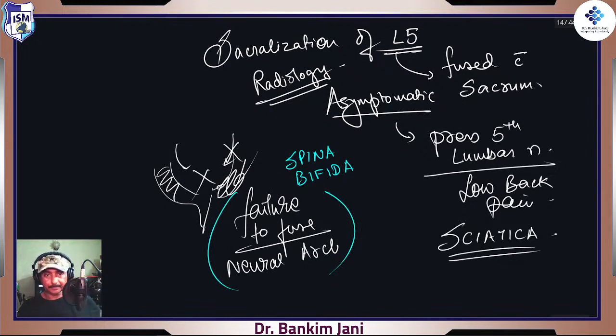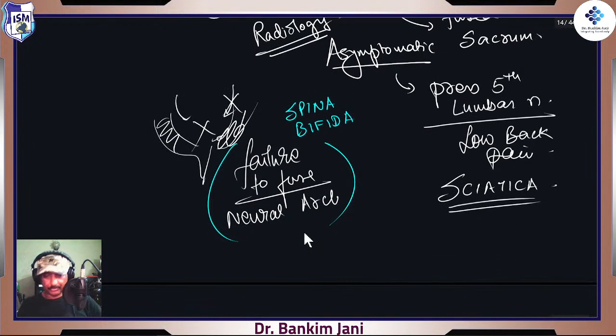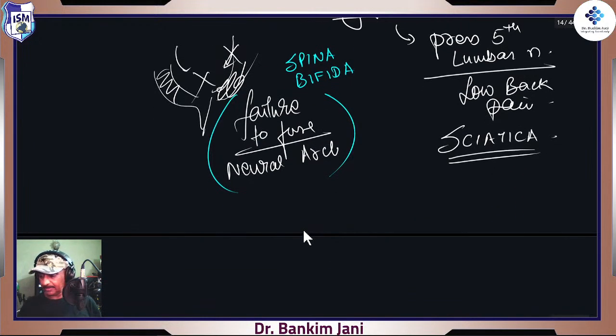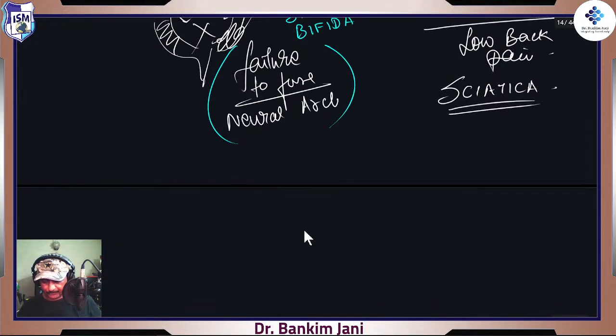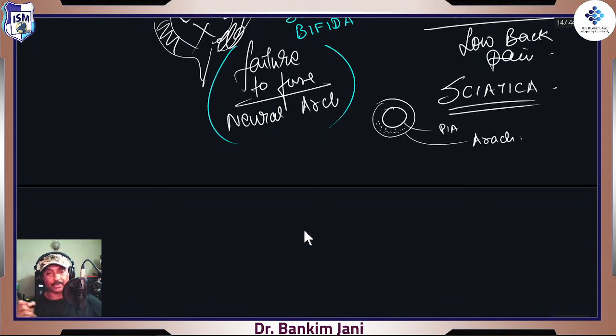Do remember these keywords. Now inside, there is the spinal cord, and then there are meninges which are covering it. The spinal cord is covered by the pia mater, then there is another layer called the arachnoid mater. The space in between, where I'm drawing the dotted line, is the subarachnoid space.